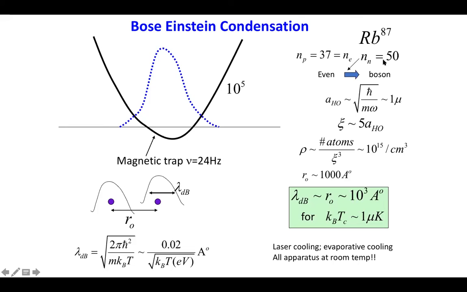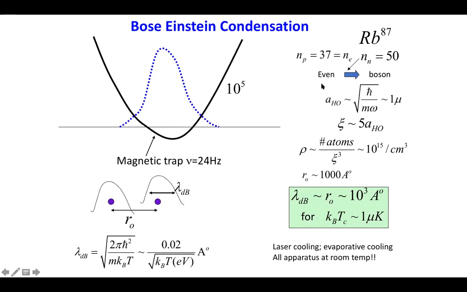So this has to be a boson. I know that we have some high energy people in our group. So they like to probe at very high energies inside the atom. Then you can't use these arguments. I'm looking at these cold atoms, which are being probed on much larger length scales. So you're not probing inside the atom. So you can give a total statistics to the composite atom.